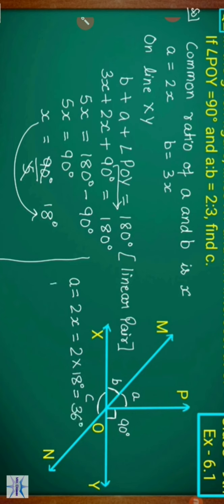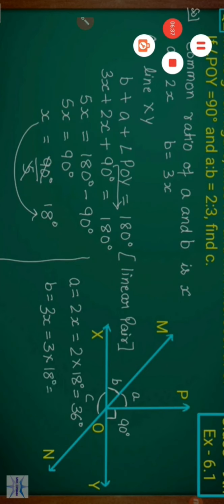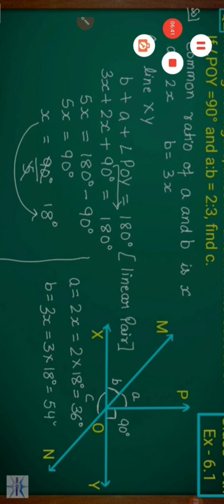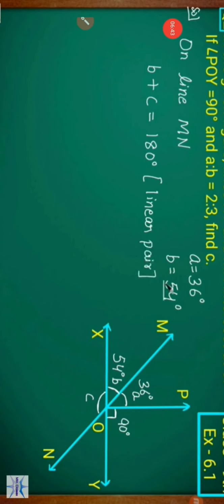Okay, what is B? B is equal to 3x, so 3 into 18, that is 54 degree. Okay, now if you talk about line MN, then B plus C is equal to 180 degree. B is equal to 54, so 54 plus C is equal to 180.